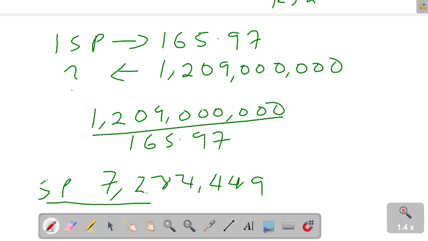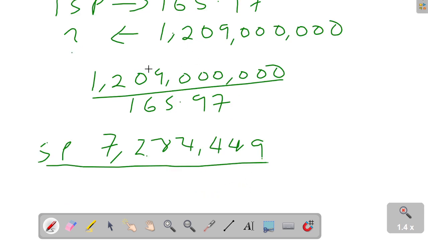So that is the amount that was received after converting to sterling pounds.